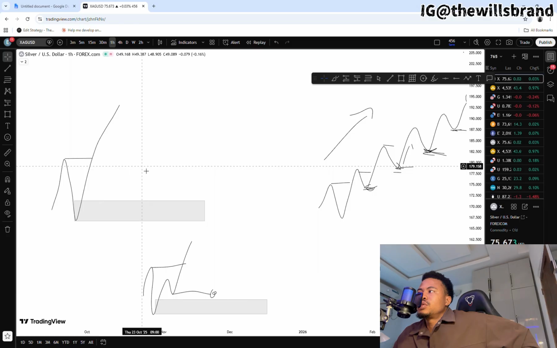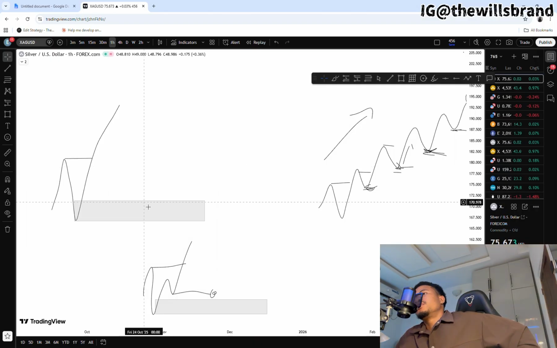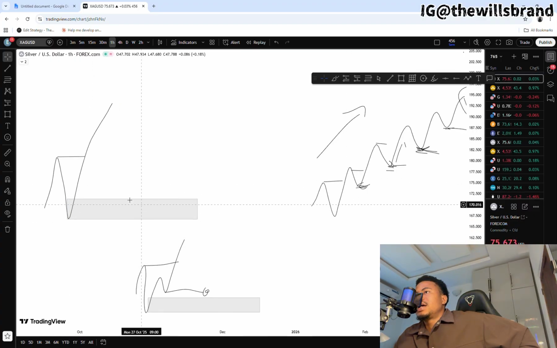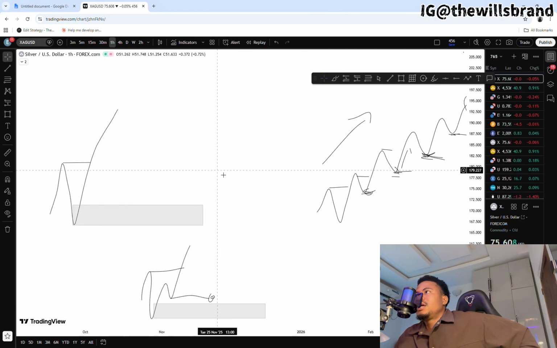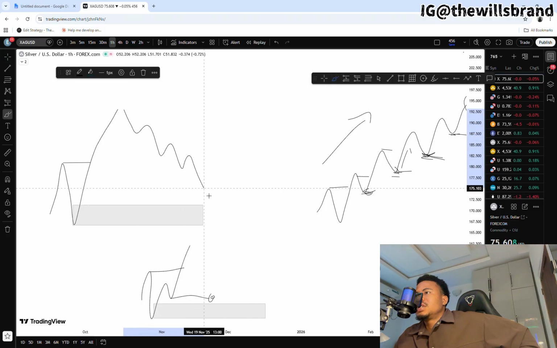We need those stop orders to be taken out so the large orders can fill and the market can move in the intended direction. In this case, where we have no internal range liquidity or inducement that can induce traders and then take them out for price to move from this particular POI, look at what the market does. It's engineered liquidity.